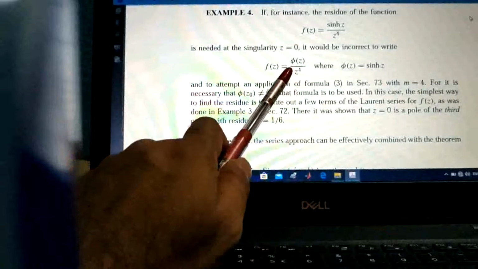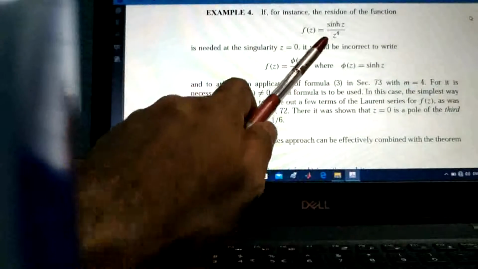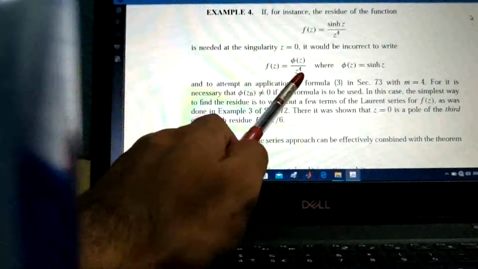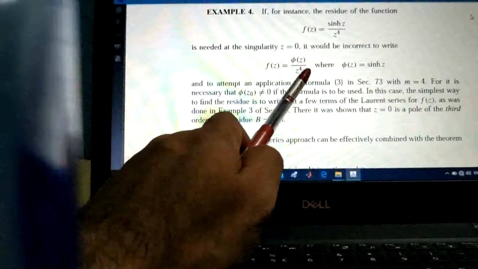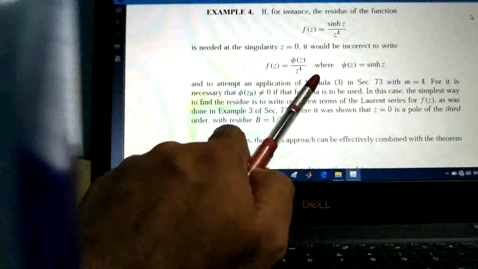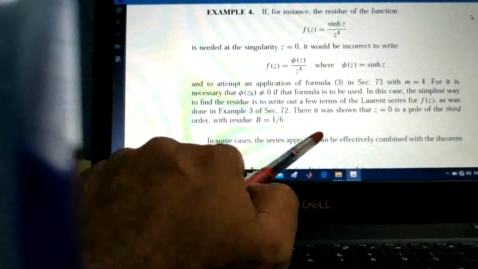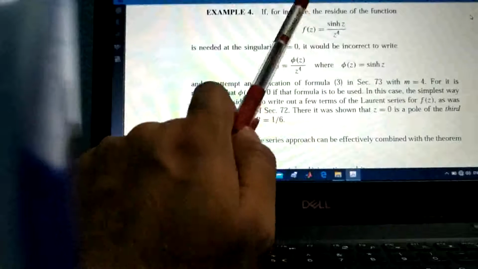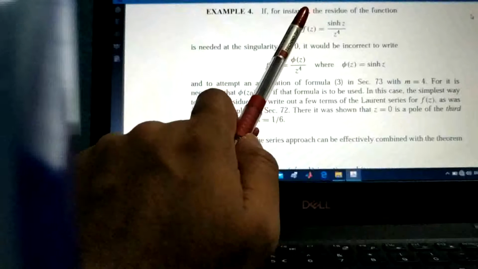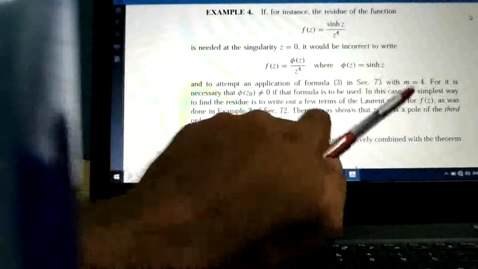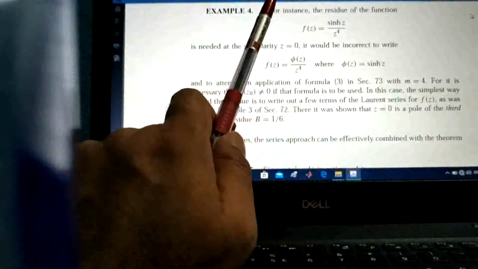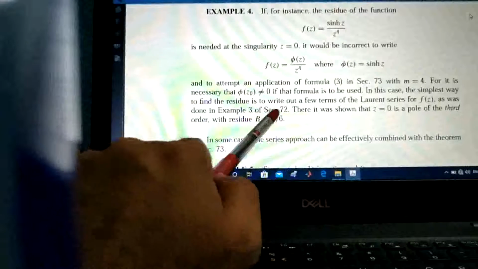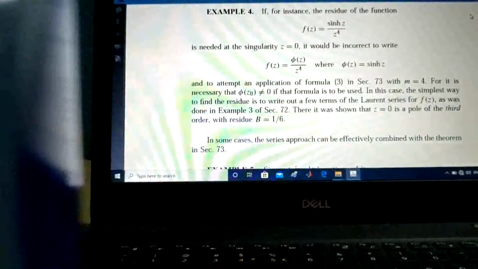Because z equals 0 is an isolated singular point, and z minus 0 whole to the power 4 is present here, m equals 4. Z equals 0 is a pole of order 4. So the residue at z equals 0 will be, since m equals 4, the third order derivative of phi at z equals 0 divided by factorial 3, which is given by this. Thank you.